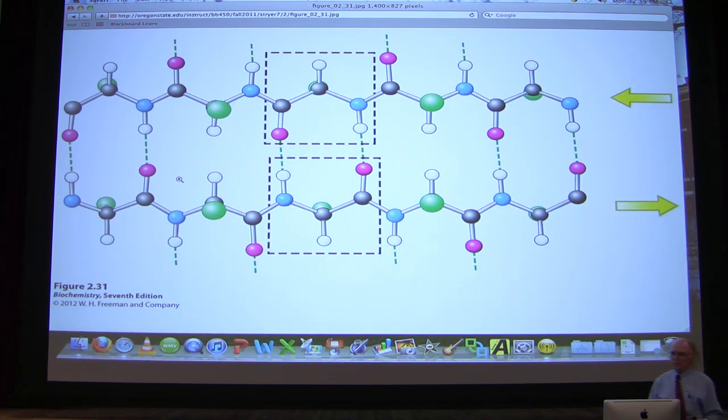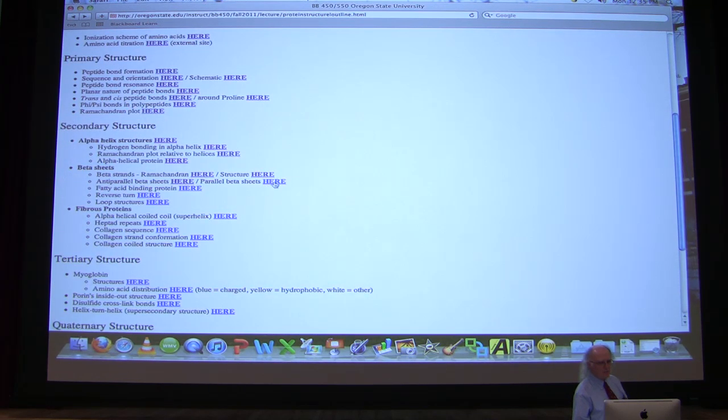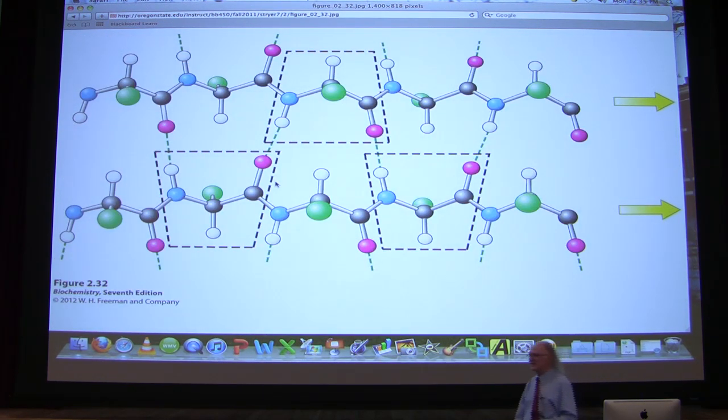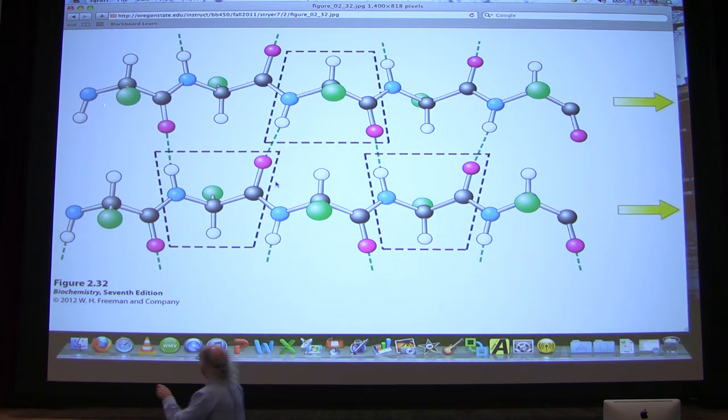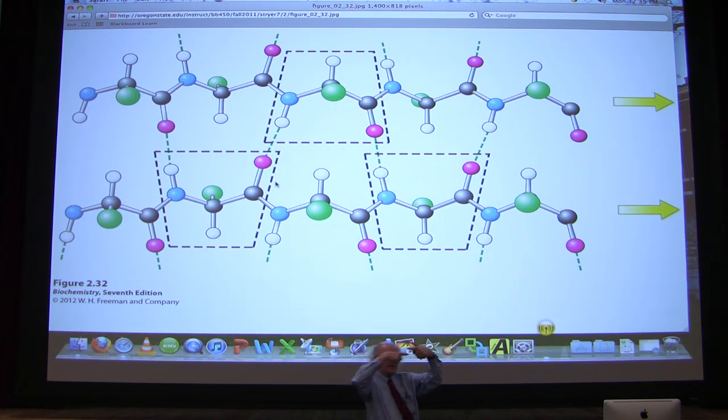Now, these are described as anti-parallel, and these here are described as parallel. For our purposes, it doesn't really matter, but if you're curious, I will tell you. This one is parallel. That would mean we're going from alpha to carboxyl and alpha to carboxyl in the same direction. Whereas if they twist around like this, they're what's called anti-parallel. That's all that means.